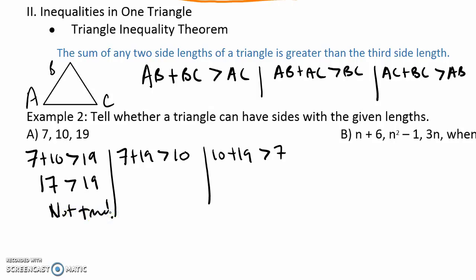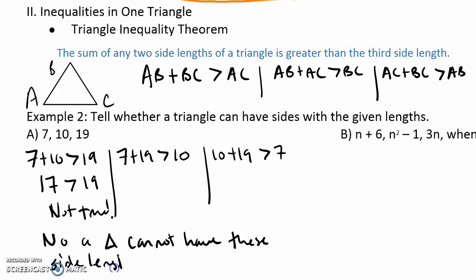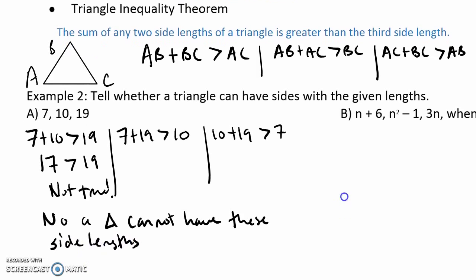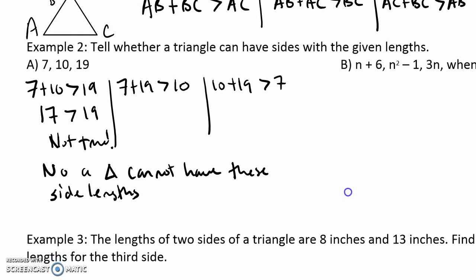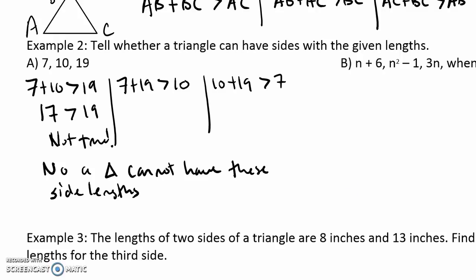So when that happens, we're going to say no, a triangle cannot have these given side lengths. So that's how we can deal with something with these numbers that are given.